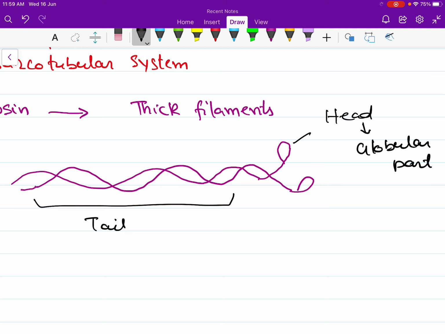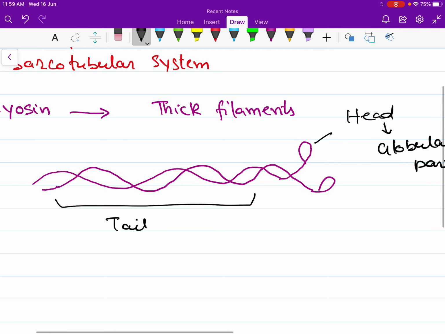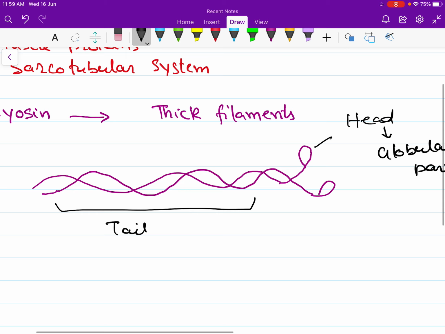Now in the globular part of the myosin protein, around the globular heads of the long chains, are present the light chains.